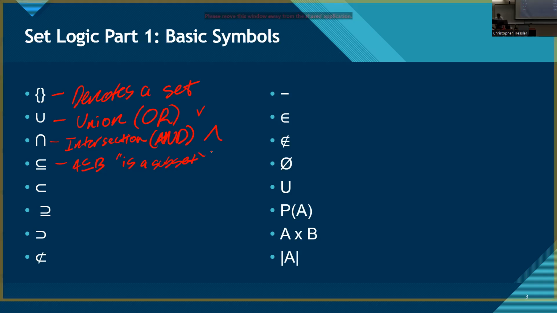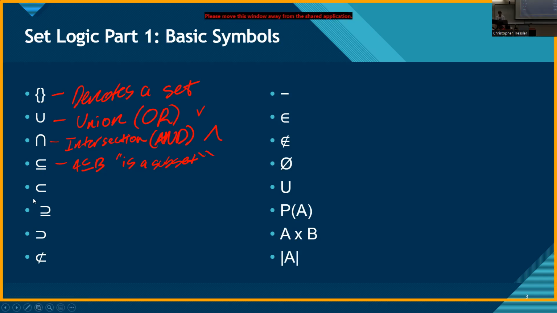Now for this next one, notice how all of a sudden we no longer have this little line down here. Without that line, we're no longer including the case where the sets are equal. This is what's called a proper subset.